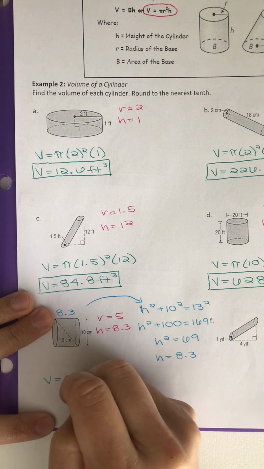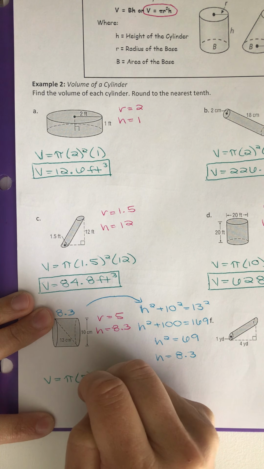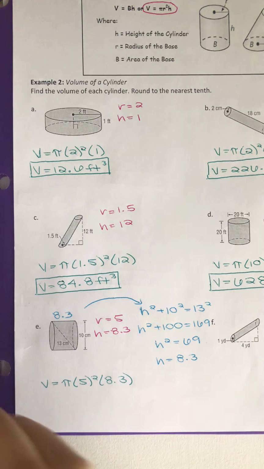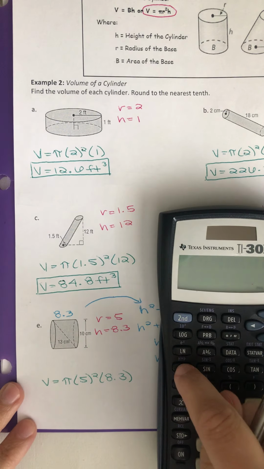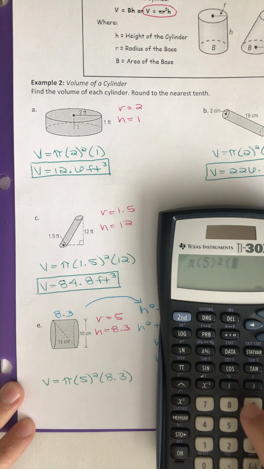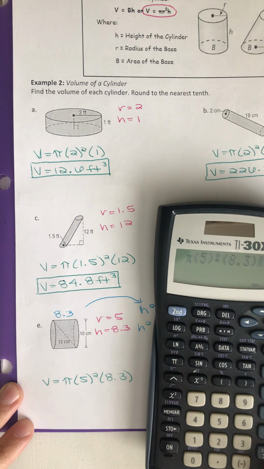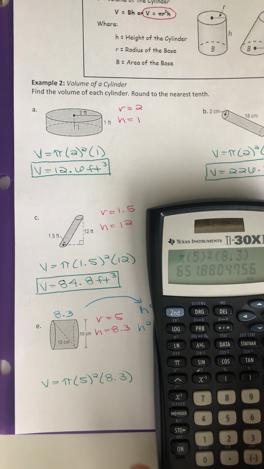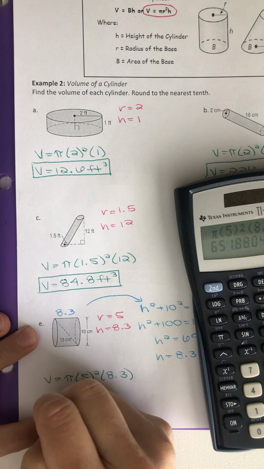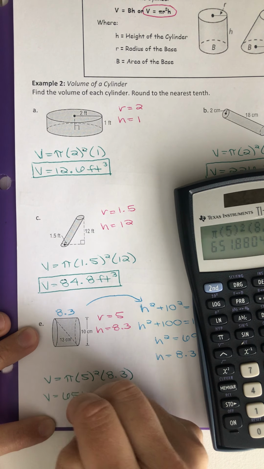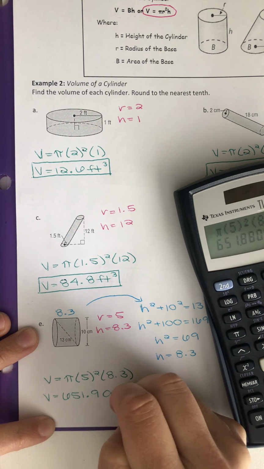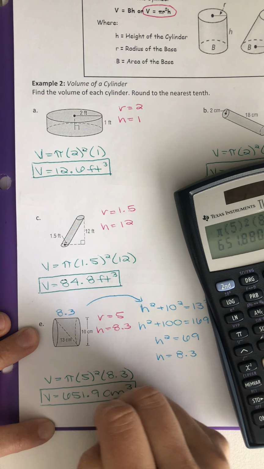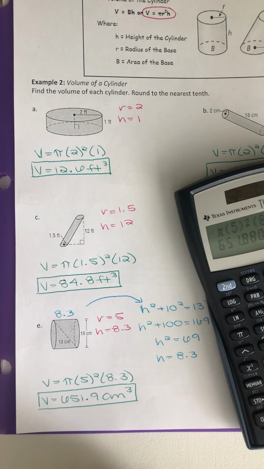Volume equals pi 5 squared times 8.3, and my volume is about 651.9. Centimeters cubed.